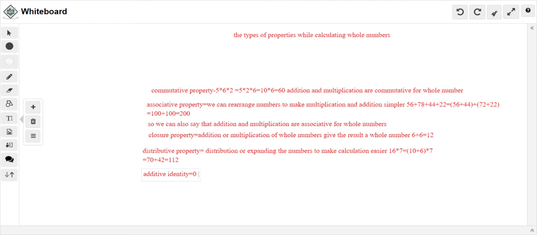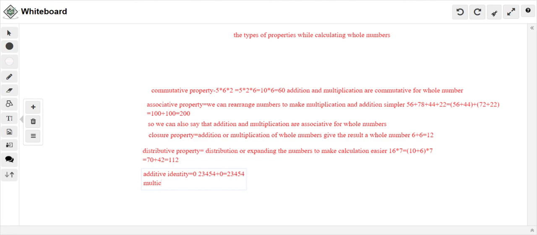Meaning, if you add zero to a number, suppose 23454 plus 0, that's just 23454. The answer is the number itself. That is something we all learned in class 1, but still this is called like this.